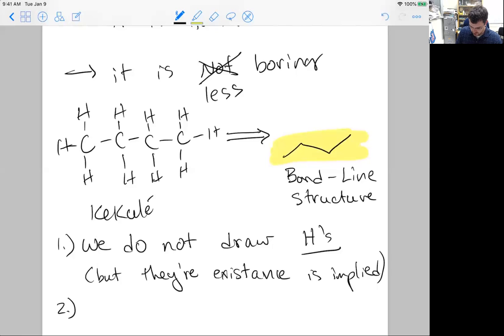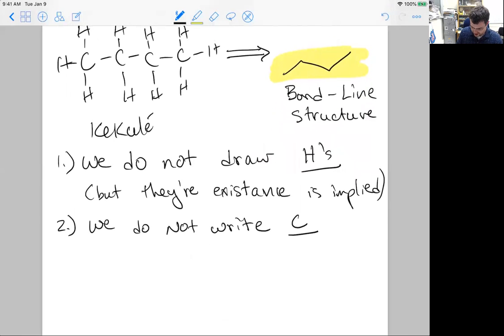Number two, we do not write the letter C, but we do draw C-C bonds.